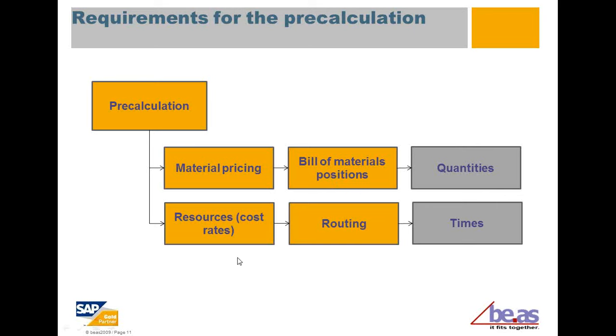Similar is regarding the operations. You need to have resources with the rates defined in the resource master data, for example in its machine. You will need to put what is the cost to use this machine during 1 hour, for example.